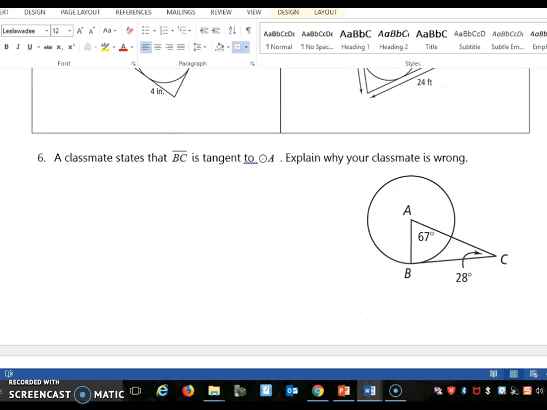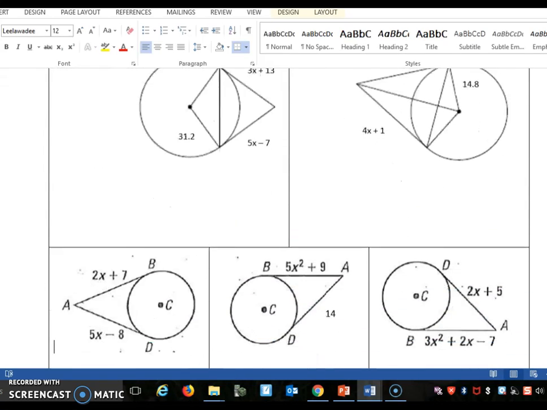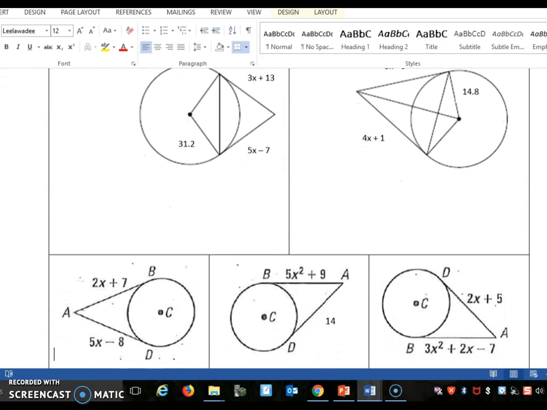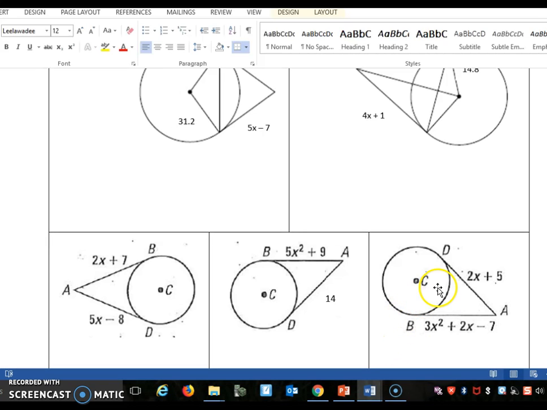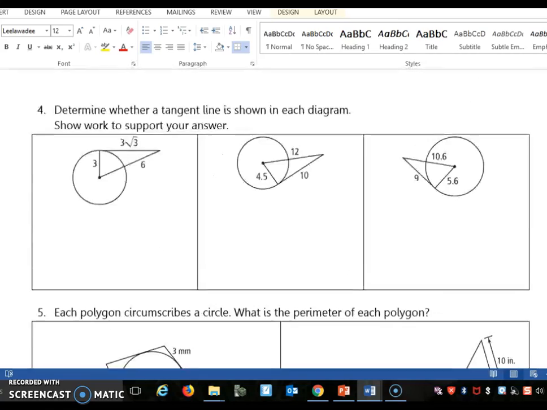That one is easy. Skip 7. And then do number 8. But you can skip this last one. Don't do this one. So please just do those.